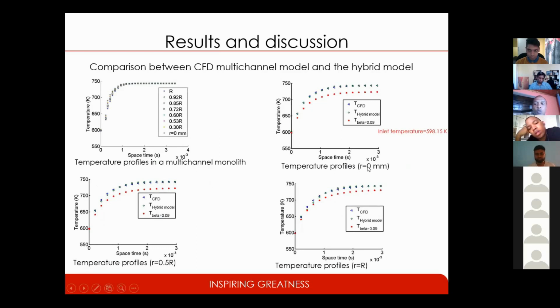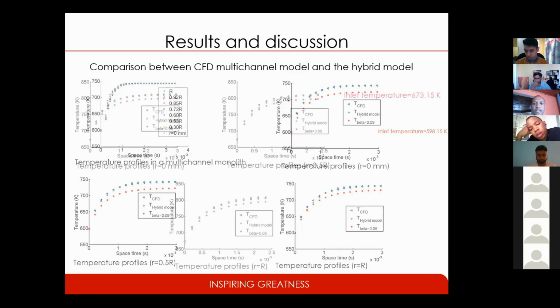I chose R equals 0, R equals 0.5, and R equals R for the purpose of this presentation. For any value of R chosen, we obtained a very close agreement between CFD multi-channel and the hybrid model, which I have explained.